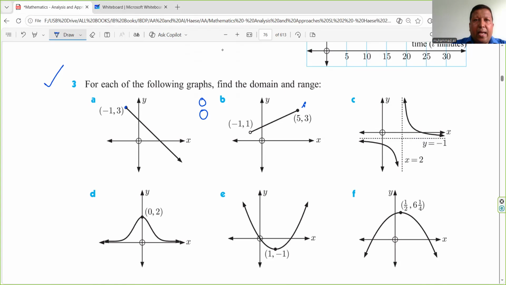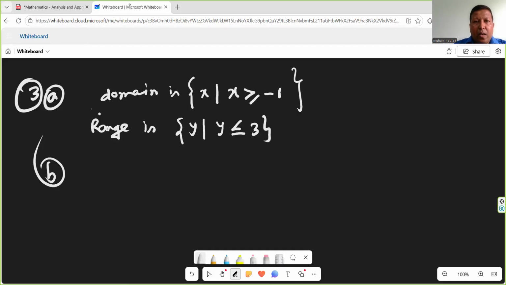So we can say the domain is {x such that x > -1 but x ≤ 5}.